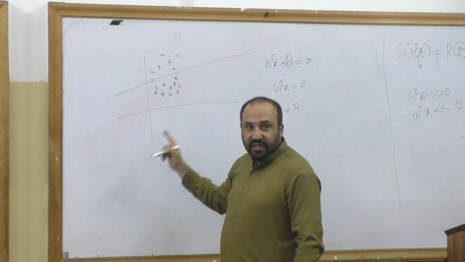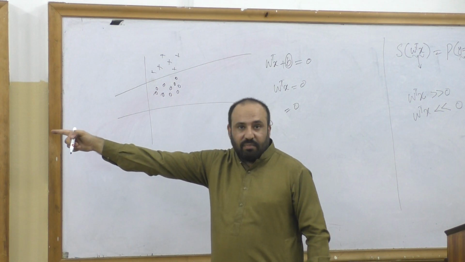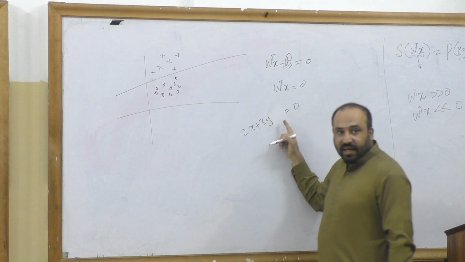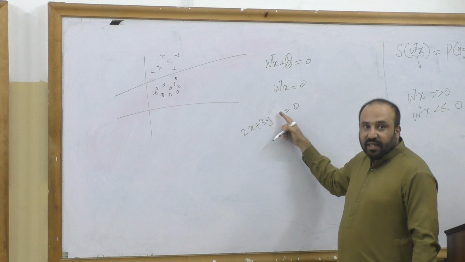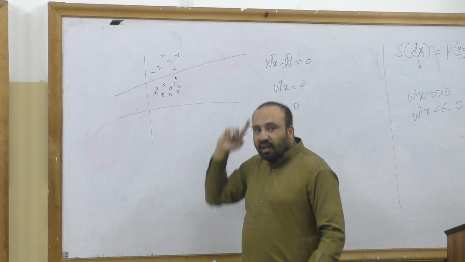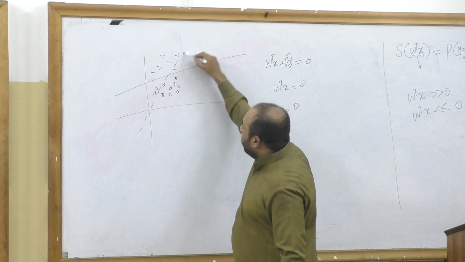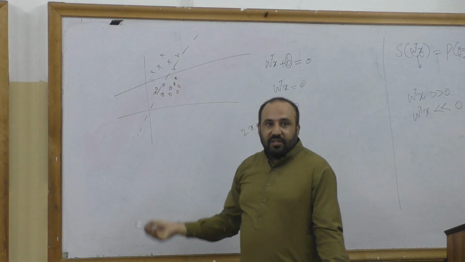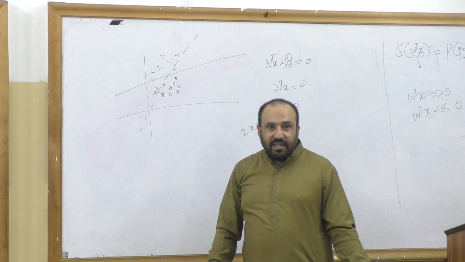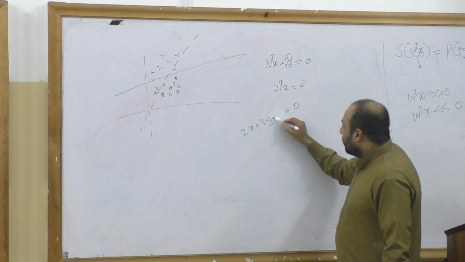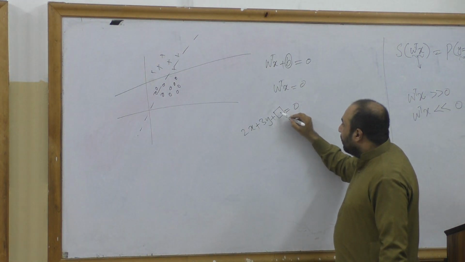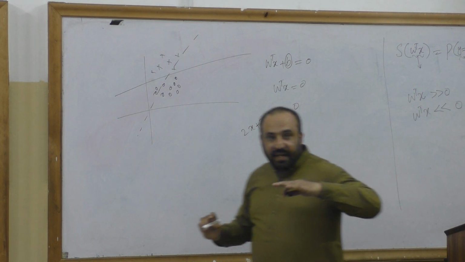If you force the condition by not allowing the additive constant, then you are forcing the line to always pass through the origin. In that case, you may come up with this kind of boundary, and that is the best, which is not bad. Make sense? So this additive constant has an impact.